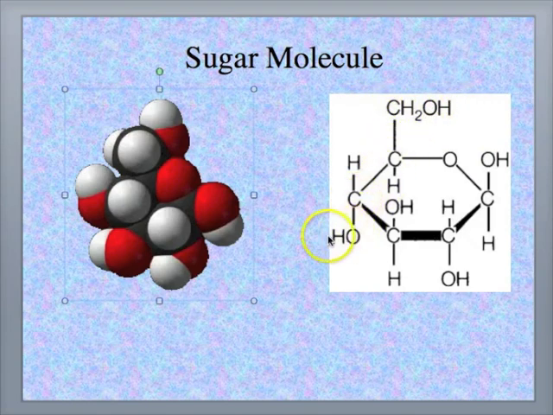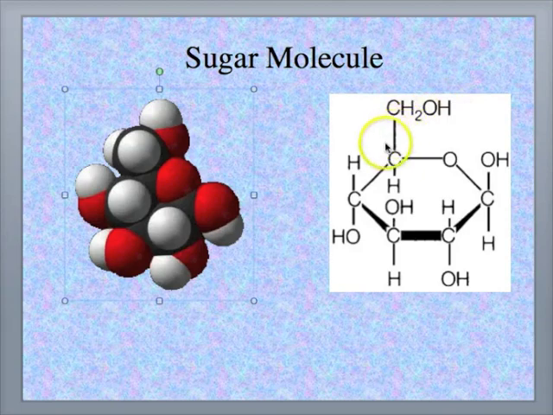And every one of these oxygens can be attracted to a water molecule, because every one of these oxygens has a slight negative charge that is attractive to the positive side of the water molecule, the hydrogen side. It also has hydrogen atoms attached to oxygen, which gives them a slight positive charge, and that would be attractive to the negative side of the water molecule.